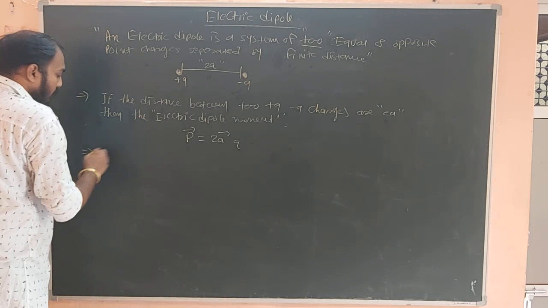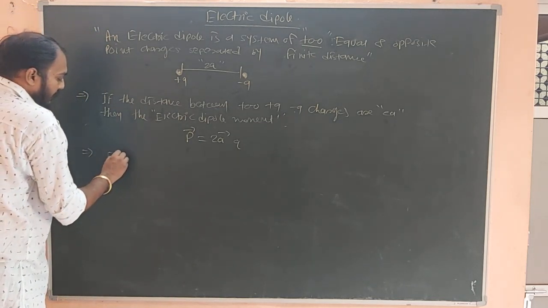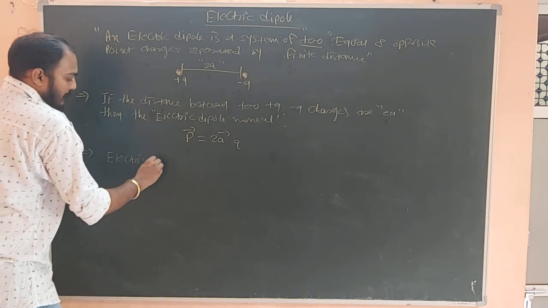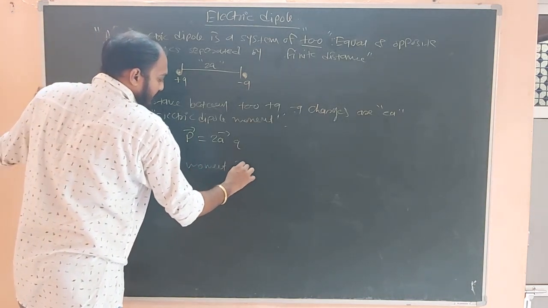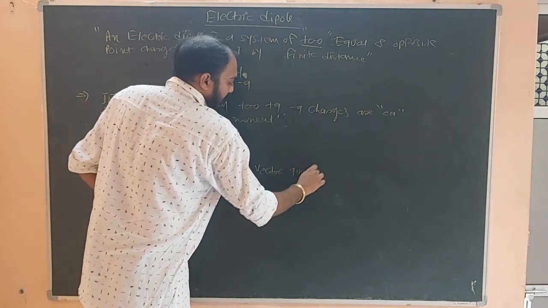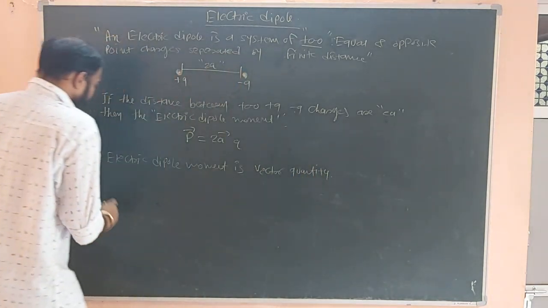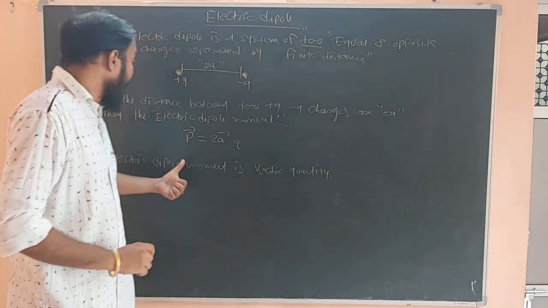Now we already know I have taken p as a vector, so electric dipole moment is a vector quantity. This is important: what is the direction of electric dipole moment?